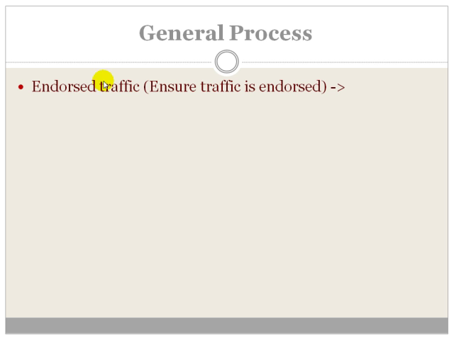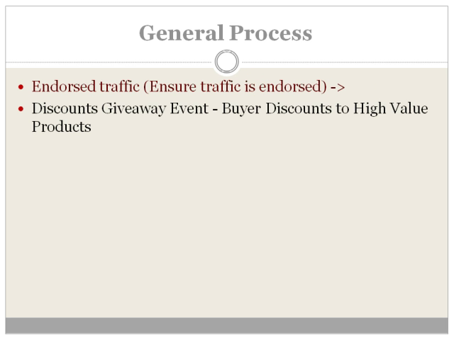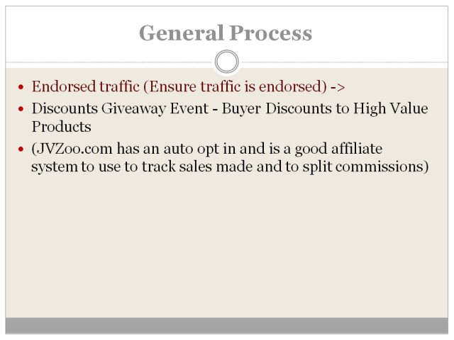What I've done is put in red what's similar to the freebie giveaway, and in this case, of course, we've got endorsed traffic that is coming from the list owners. Then the endorsed traffic comes to the discounted giveaway event sales page, where they get to see discounts to high value products.